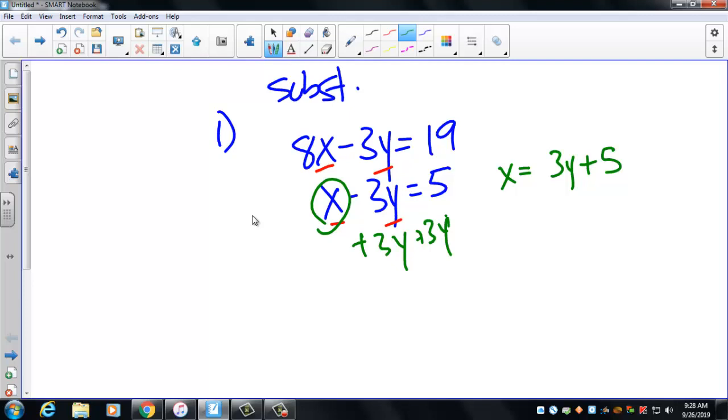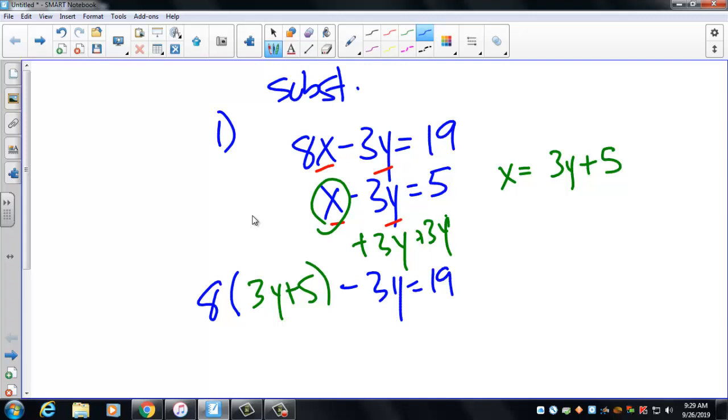Now, what do you do once you do that? Plug it in. It's 8 times 3y plus 5. That's the x value that we just found. Minus 3y equals 19, yes?